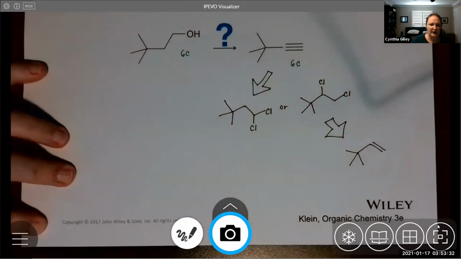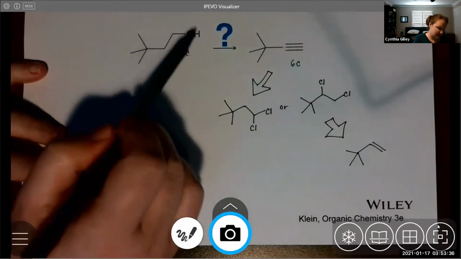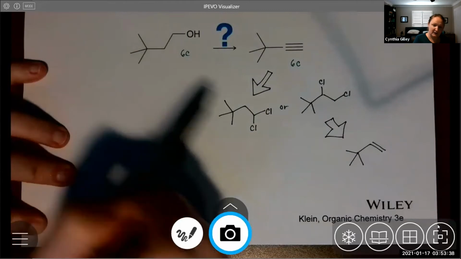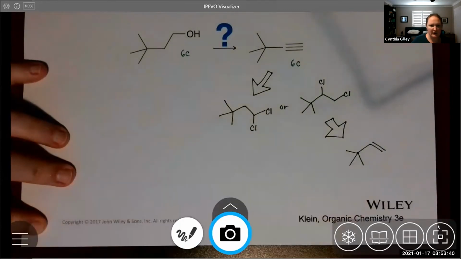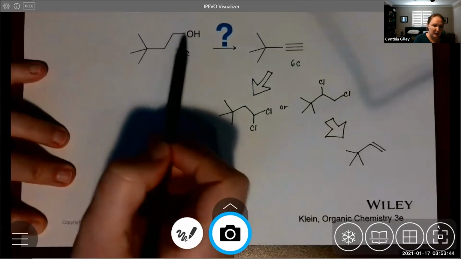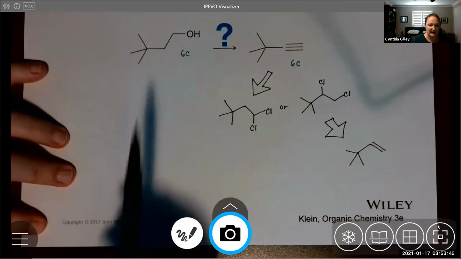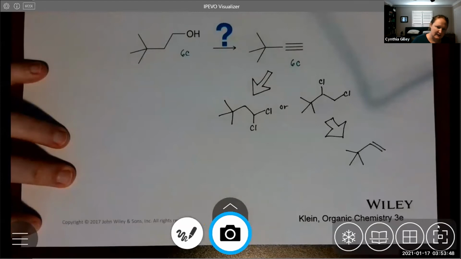And then from there, is there a way to go directly to that? Sort of, but perhaps we would like a good leaving group if we're going to do an elimination reaction to get an alkene, continuing in reverse.